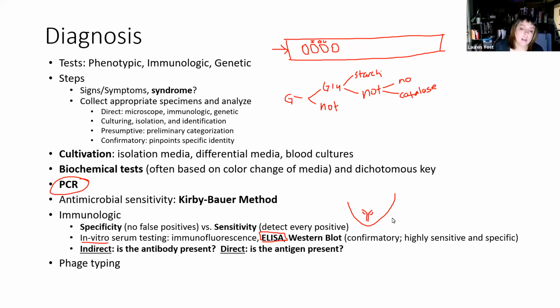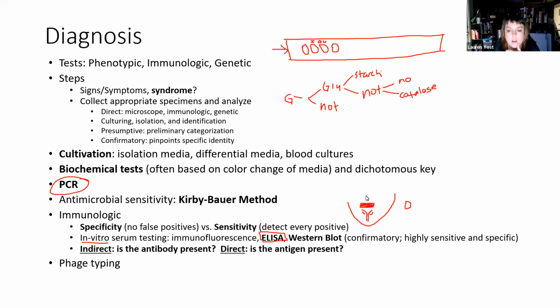So in this case, with the direct, put a D, for the direct one, you have an antibody that you know, and then that's stuck to the bottom of the well, and then you put the patient's serum on there, and it has, I don't know, tuberculosis or whatever, and it comes in and it sticks onto that antibody you put in there.